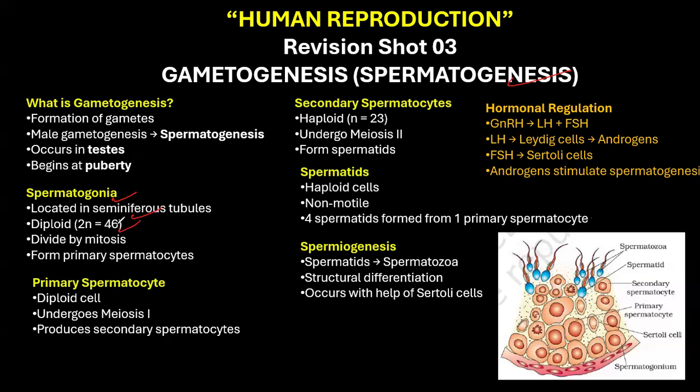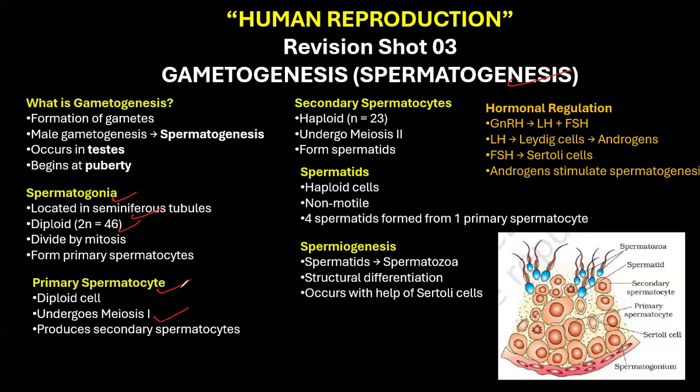Chromosome number is 46, that is 2n, and they multiply by mitosis. For the formation of primary spermatocytes, some spermatogonia enlarge and differentiate into primary spermatocytes, which are also diploid. These cells are destined to undergo meiosis.